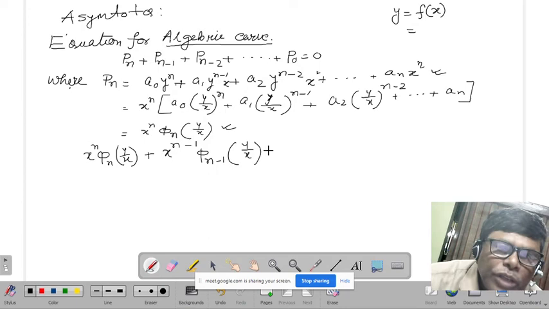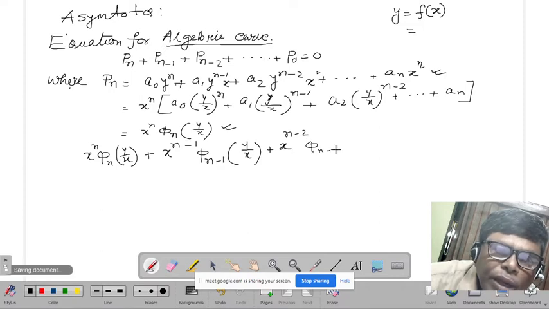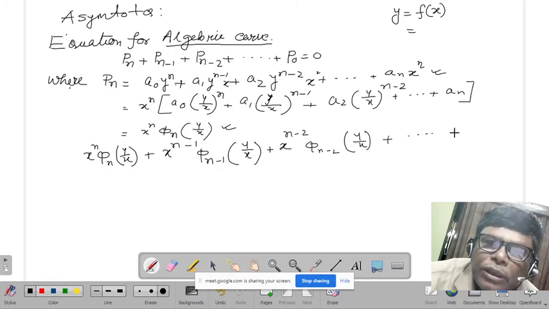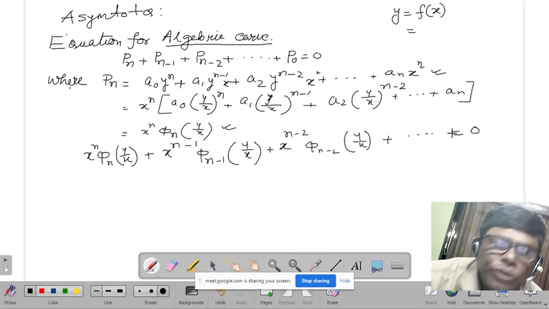Okay, there is no restriction on it. Then x to the power n minus 2 phi n minus 2 of y by x, plus dot dot dot, and this equals 0. So we can convert it in this form.